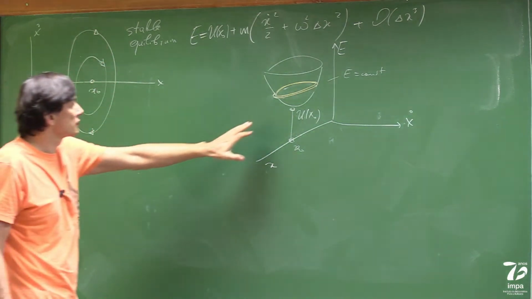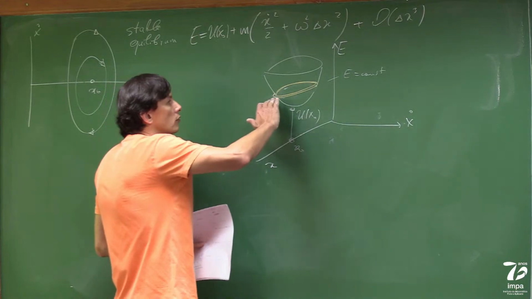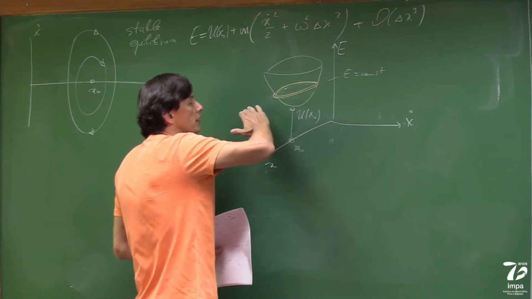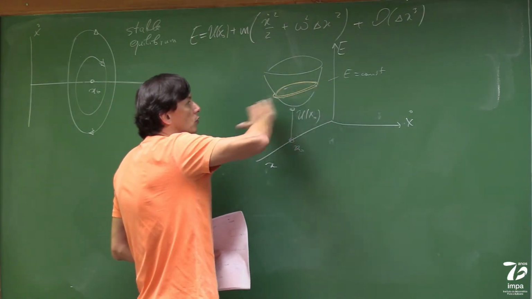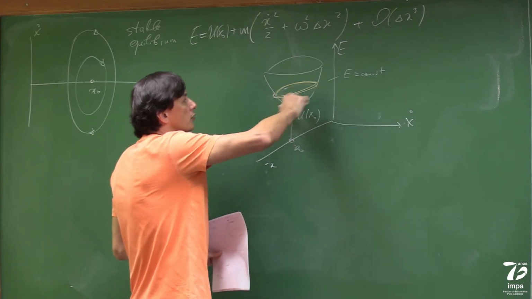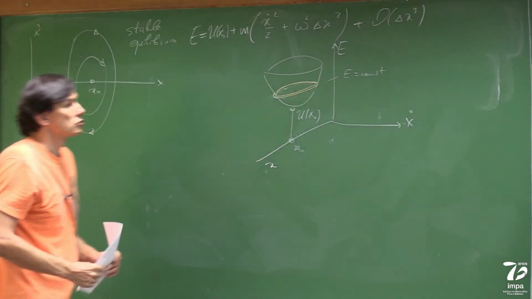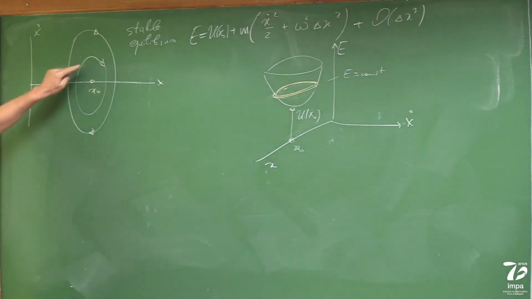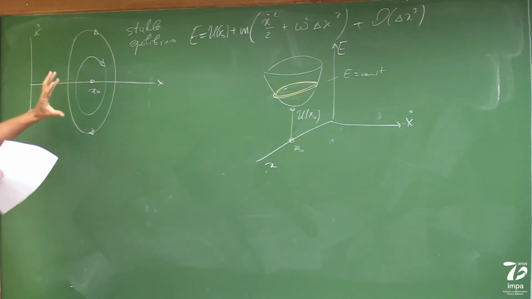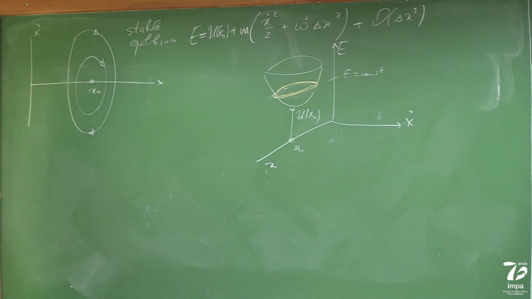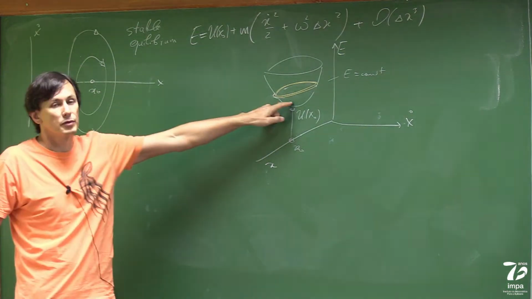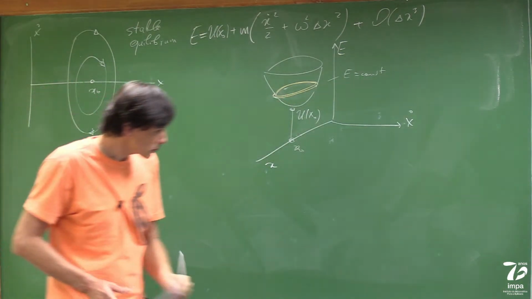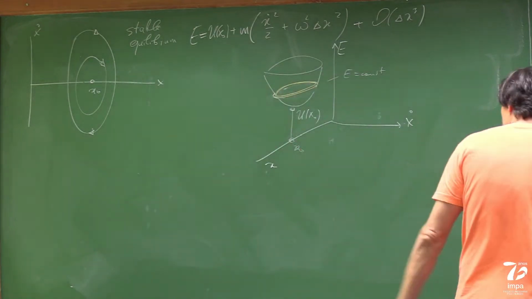Now we know that it's exact, because whenever you cross the surface by a constant energy plane, you get closed orbits. So even if you consider corrections, the exact dynamics is not exactly an ellipse. It will be deformed a little bit, but it still will be closed. So we know that all orbits will be closed. So that's a stable situation.